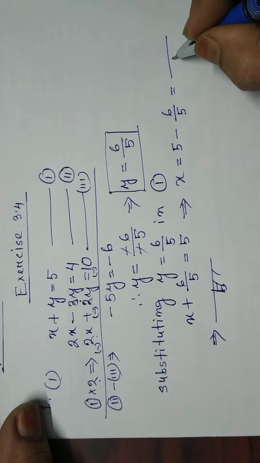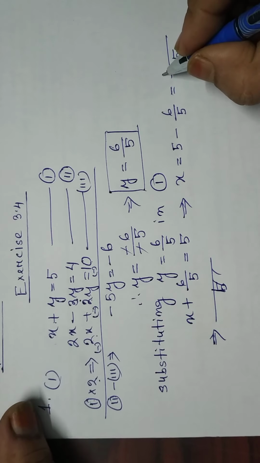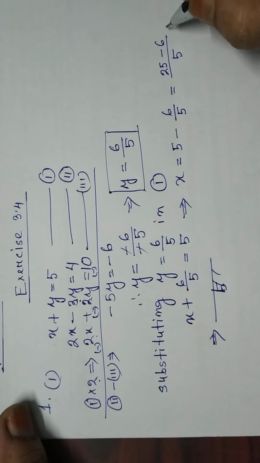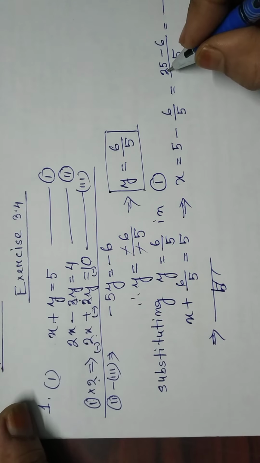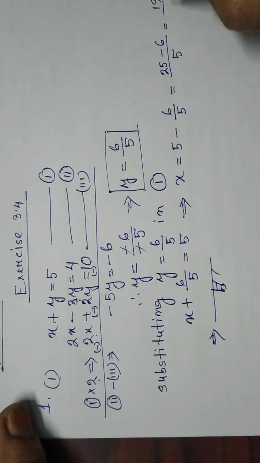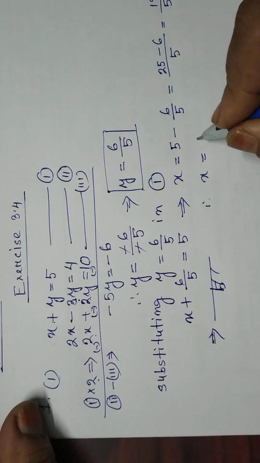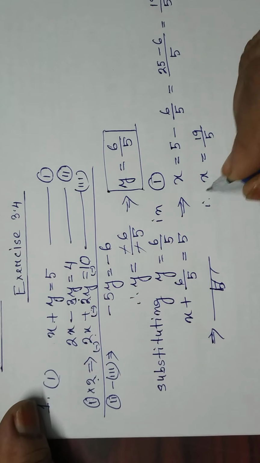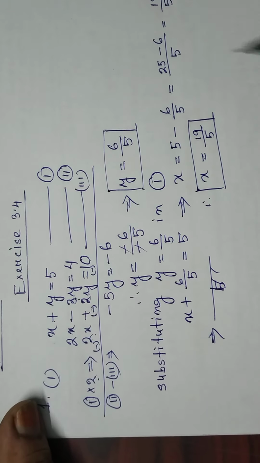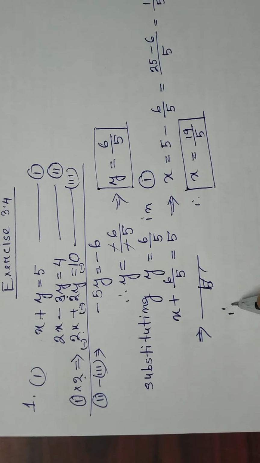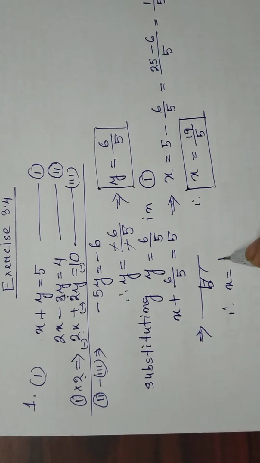Now if we take LCM 5, then 5 5s are 25 minus 6. That means 25 minus 6 is 19 by 5. Therefore x is equal to 19 by 5. This way we get the values of x and y. Therefore x is equal to 19 by 5 and y equal to 6 by 5.